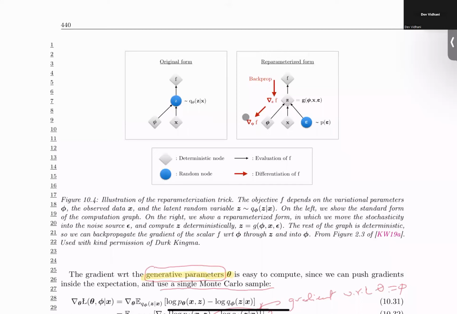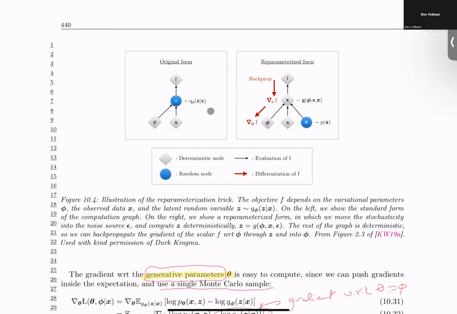So one of the tricks, since we cannot have the derivative pass through the random node, is this: the notation is that this blue color is a random node. For reparameterization, we define another random node and introduce a parameter epsilon, which randomizes Z. So we use whatever Z we have here based on our phi, but we change the parameterization of Z to be based on phi, x, and epsilon rather than Z only.